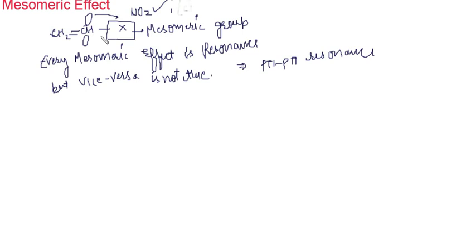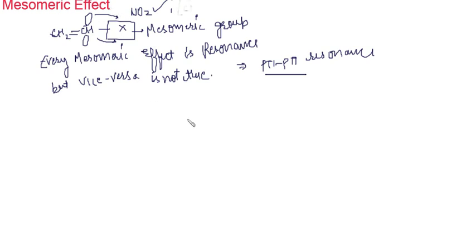So p-pi resonance is specifically the mesomeric effect. But other compounds, like CH2+ in resonance with some X compound, if that is not p-pi, then we will not call it a mesomeric effect.